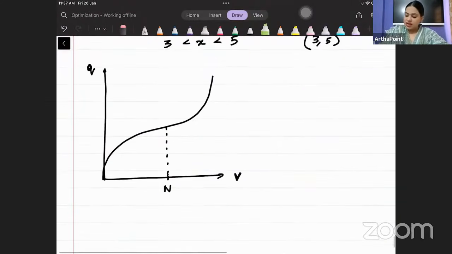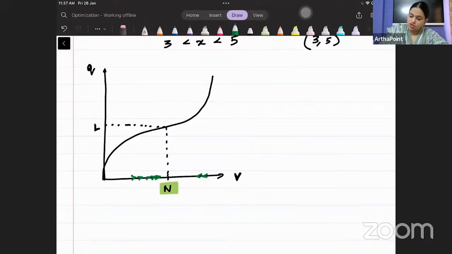So when v is n, suppose I tell you beta that we get a value of q and that value of q supposes l. So when इसका क्या मतलब हुआ that I am trying to approach n, v is approaching n from both sides. And as v is approaching n, then q is approaching l. Right beta?